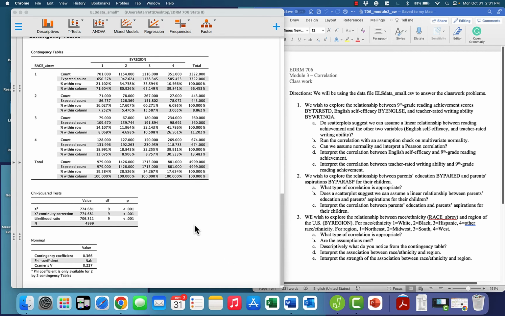And typically when we see a Cramer's V between 0.1 and 0.3, we would refer to that as a weak association or small. So here we would say that while there is a significant association between race, ethnicity, and region of the US, it is a small association at only 0.227.